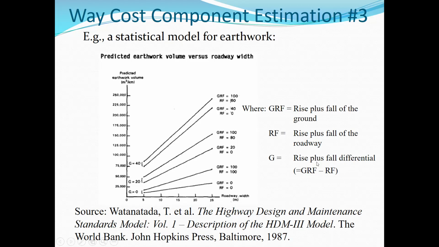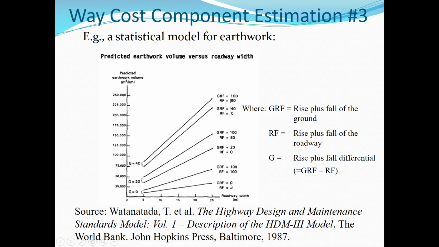The G value is exactly the same, as is the rise plus fall of the roadway. So even if the net value is the same, whether you're talking about 160 or 40 and 0, there is some difference between the costs, or the net earthwork really. And that's what's reflected in these two curves.